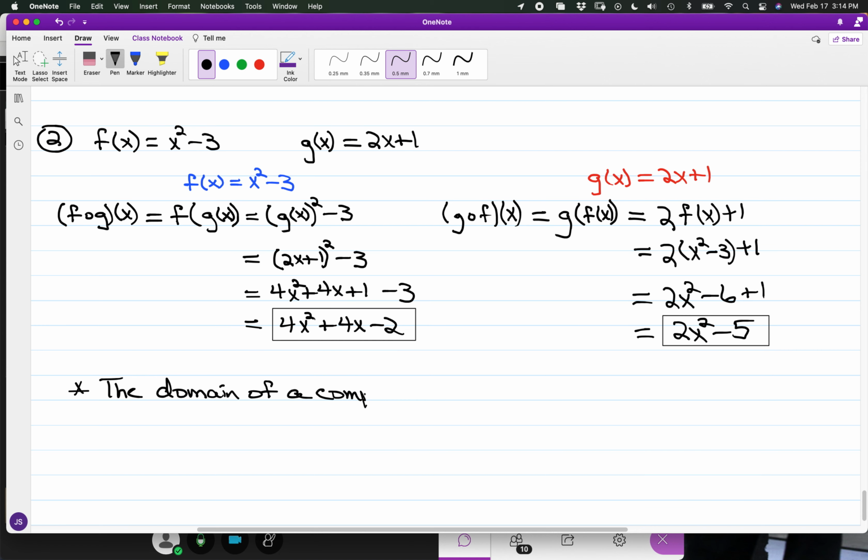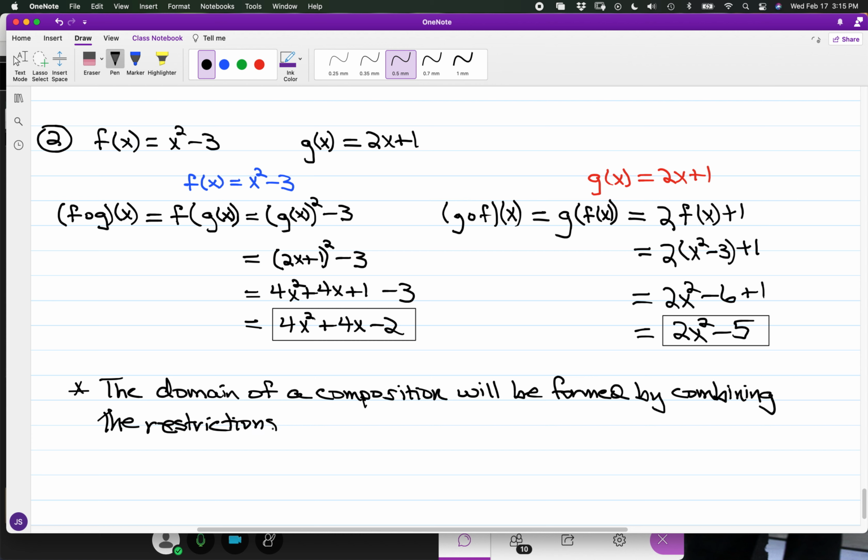The domain of a composition will be formed by combining the restrictions of the input function and of the composition itself.